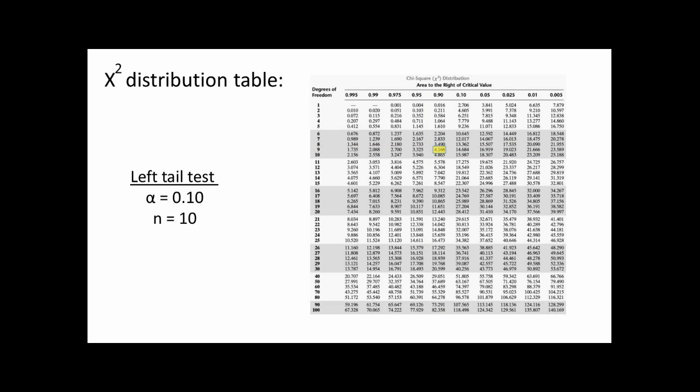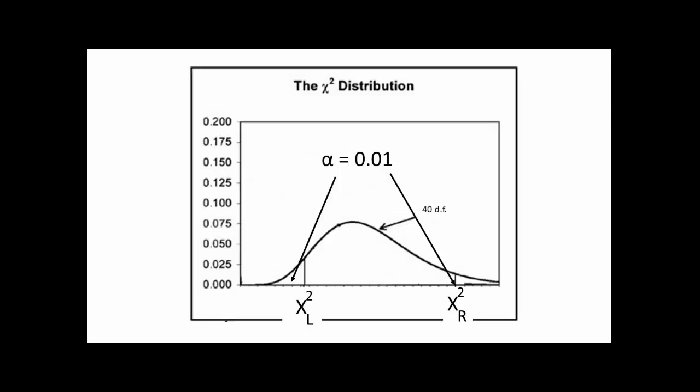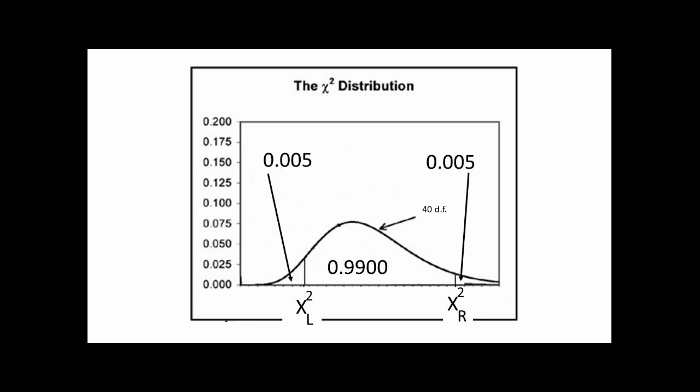One more example. How about a two-tailed test with an alpha equal to 0.01 and n equals 41? That gives 40 degrees of freedom. In a two-tailed test, the alpha is split in half. So half of 0.01 is 0.005.